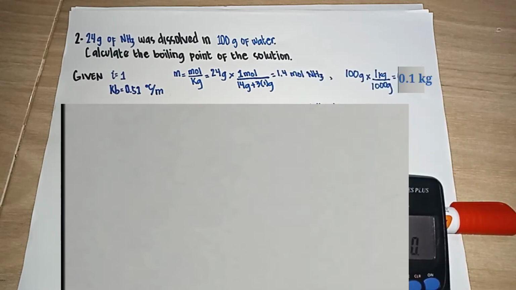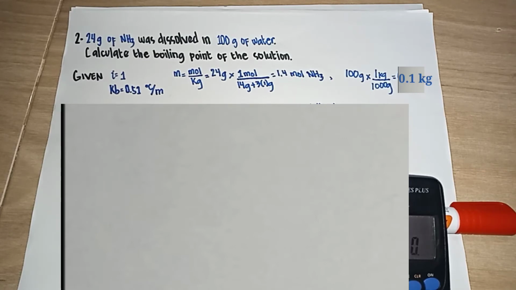Para naman sa kilogram of solvent, ang 100 grams natin na solvent ay kailangan i-convert into kilogram. So 100 grams times 1 kilogram divided by 1,000 grams, since 1 kilogram is equal to 1,000 grams.